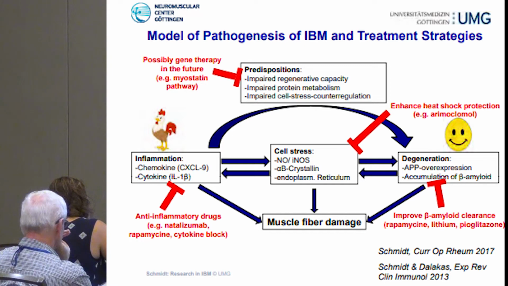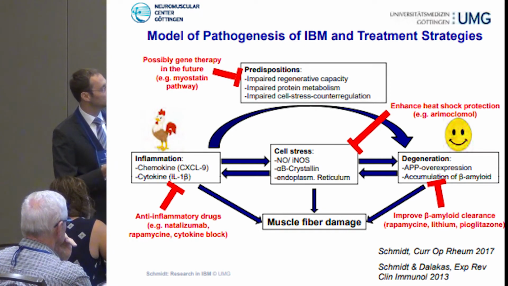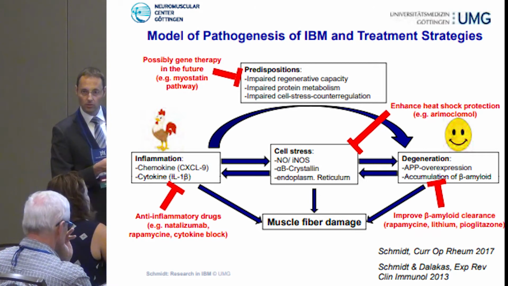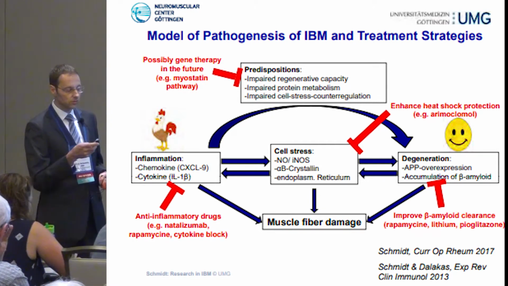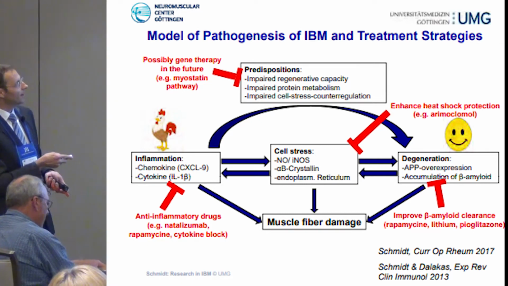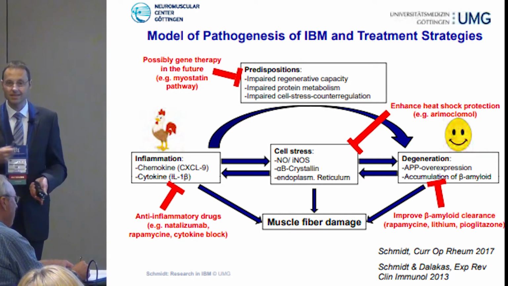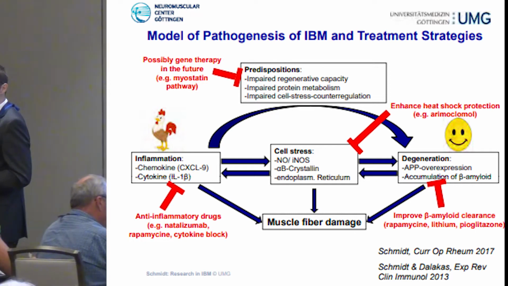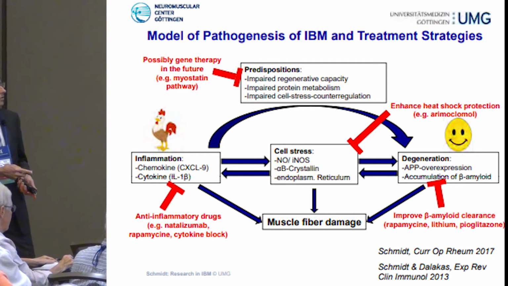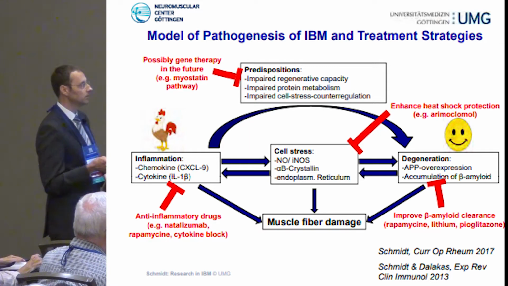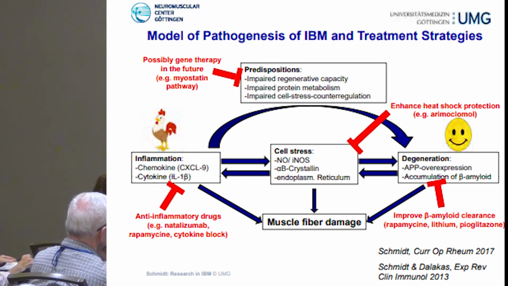In this context of mechanisms and predisposing conditions, an inflammatory stimulus can lead to a degenerative response. This is connected by a cell stress network of heat shock proteins, alpha-B crystallin, nitric oxide, endoplasmic reticulum stress, and ultimately this leads to muscle fiber damage.